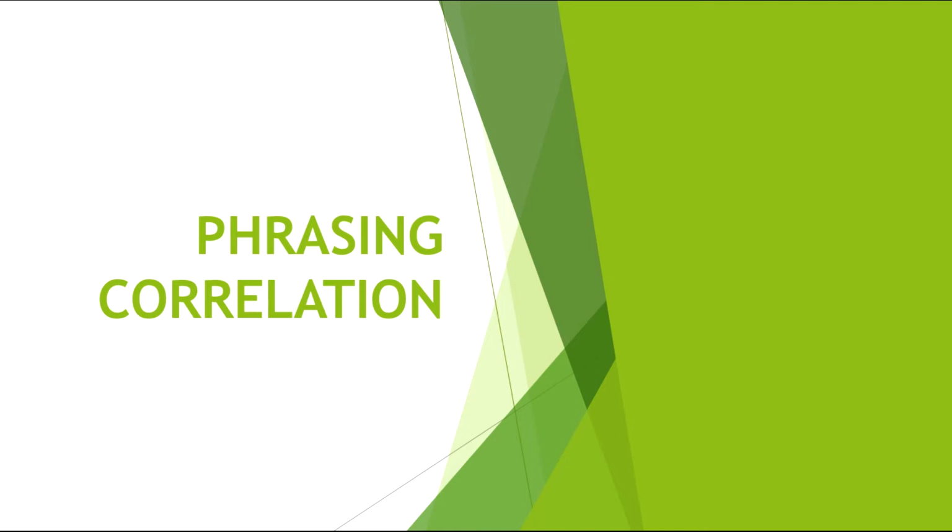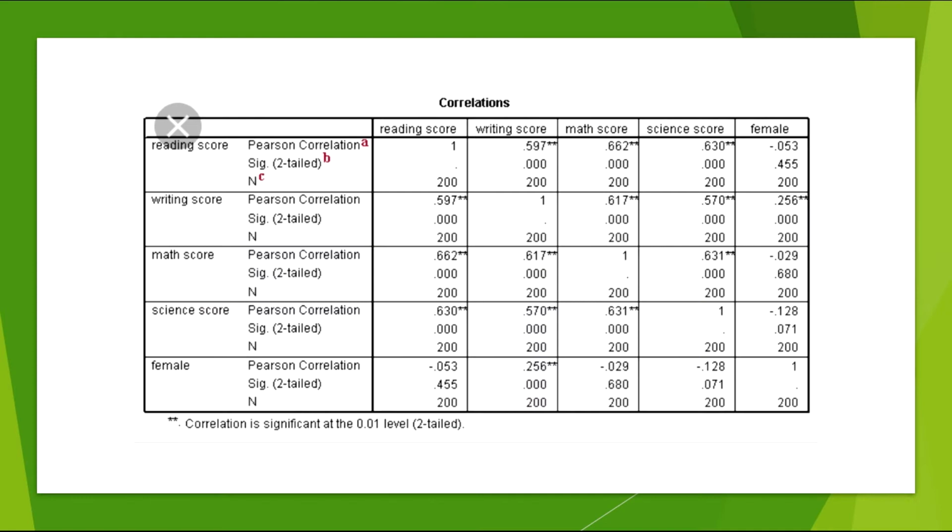But before we are able to phrase correlation, I want to teach you how to read correlation output. So we're going to go for the first example. Normally you will get this kind of output that is called a correlation table. If we look at this table, it has many columns and rows.